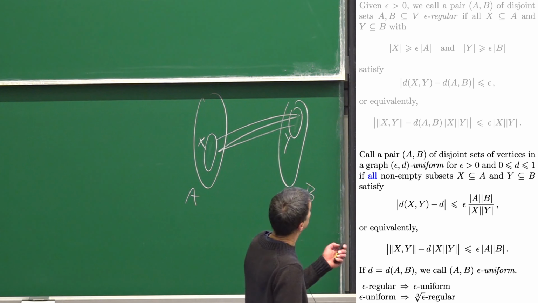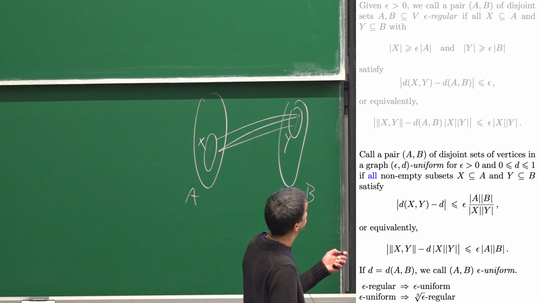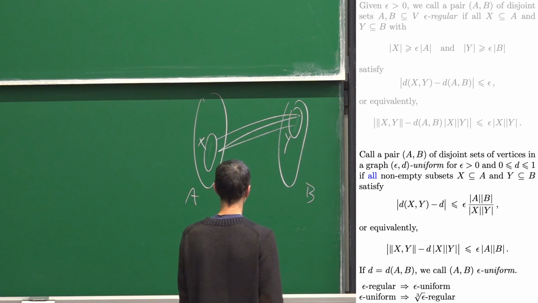Okay? And you can rewrite that, as you can see it here, by dividing this term by order X order Y. And then you get the difference between the densities themselves on the left.